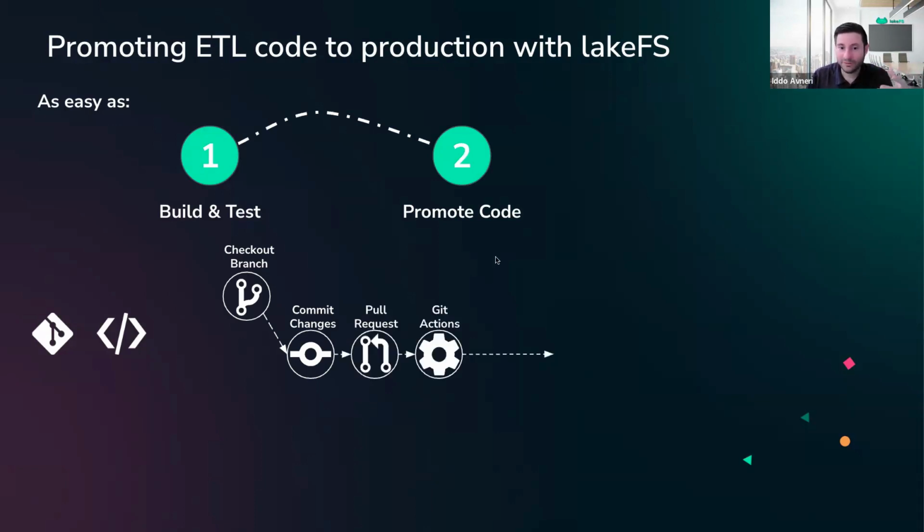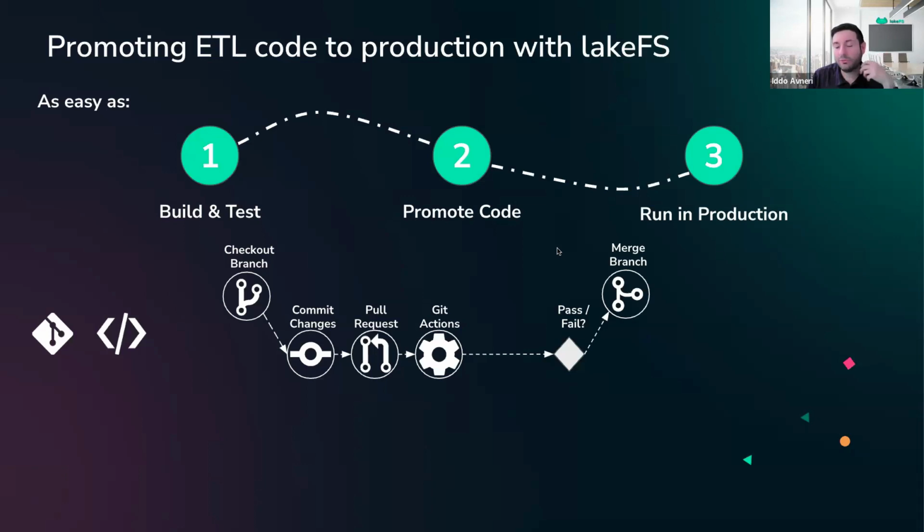That pull request will probably run some automatic tests that you have in your environment, making sure that you don't have security breaches, making sure that best practices are in place, whatever it is that you want to do. And then if all those Git actions pass, we go and we promote the data to production. That's kind of what we do today.